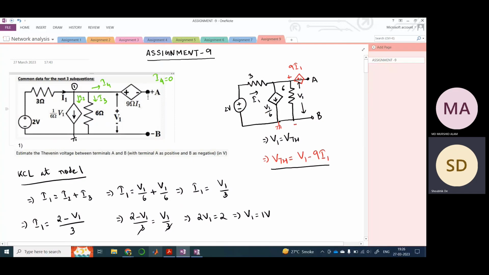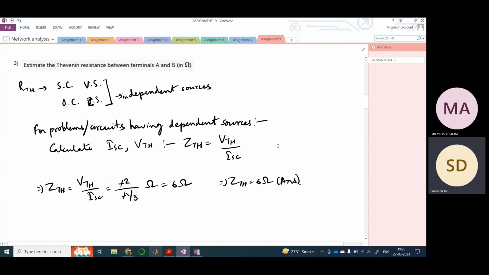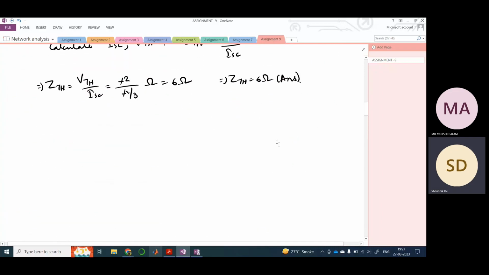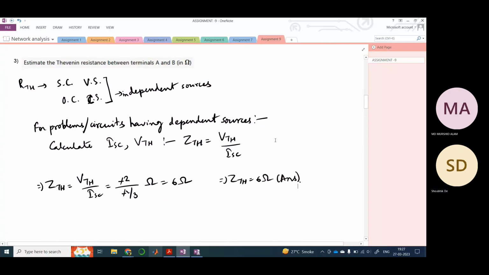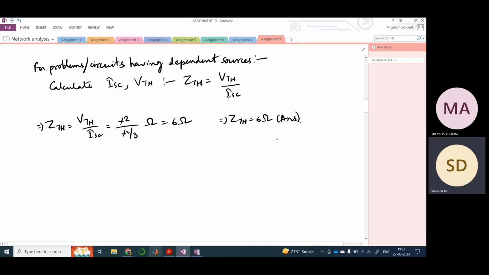Then only you will be able to do VTH by ISC and finally get the RTH. This should be the methodology for calculating Thevenin resistance. So I hope this was clear. Pretty simple problem provided you know the steps. If you have any doubt, you can ask anytime.